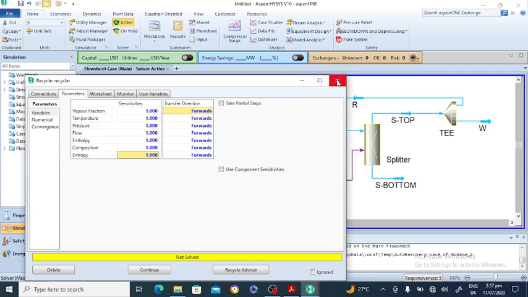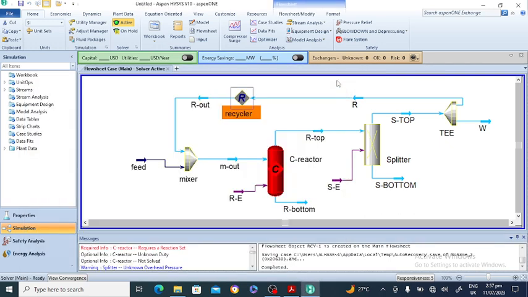Okay, close this one. Now the top temperature and the bottom temperature should be 25 degrees centigrade. It is operating at 1 atmospheric pressure and 25 degrees centigrade.